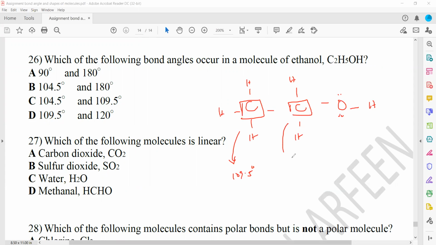When we check the oxygen, with 2 bond pairs and 2 lone pairs, it is a bent or V shape, which is 104.5 degrees. So the bond angles that can occur in an ethanol molecule are 109.5 and 104.5, so 26 C should be the right answer. Is this question clear?